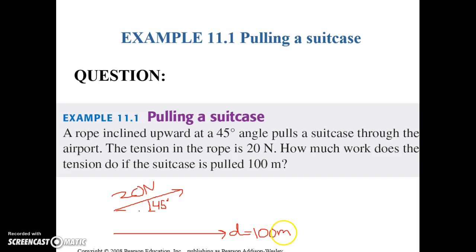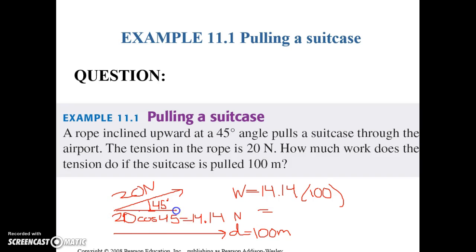And so here I need to use the force, 20 newtons, times the cosine of 45, is 14.14 newtons, and so the work is going to be 14.14 times 100. And again, it's because this force here, which is the 14.14, is in the same direction as the displacement. And so this is going to be 1414 joules.